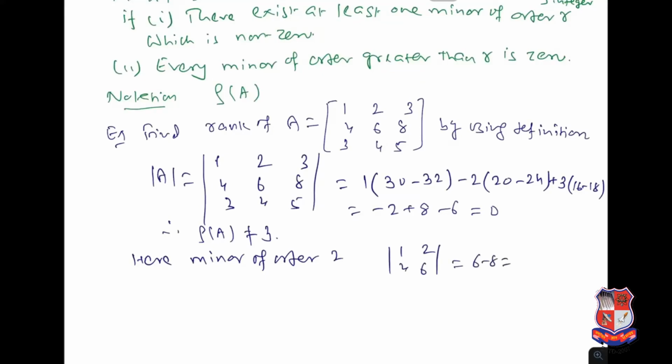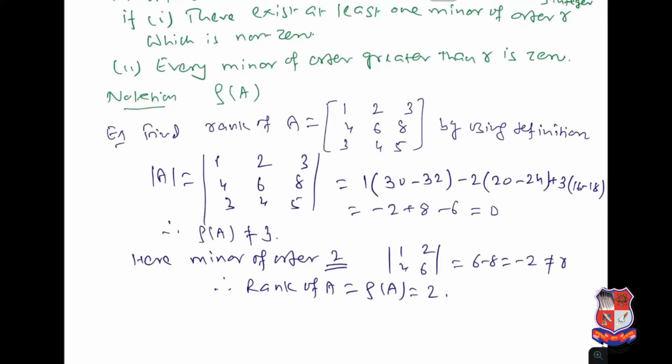So this is 6 minus 8, which is not 0, and therefore the rank of A is equal to 2, because the order of the minor is 2.